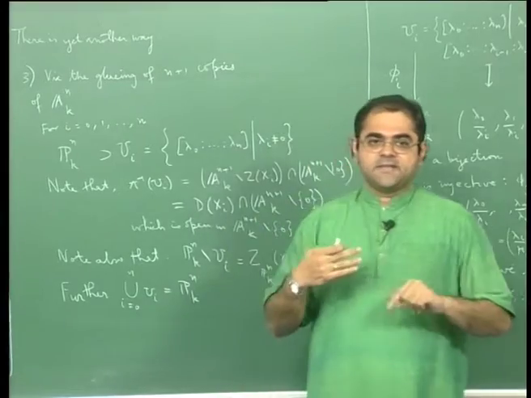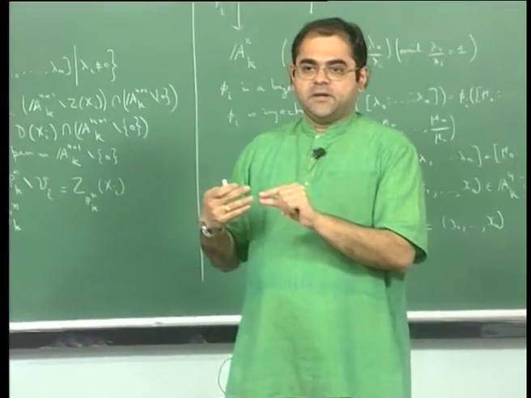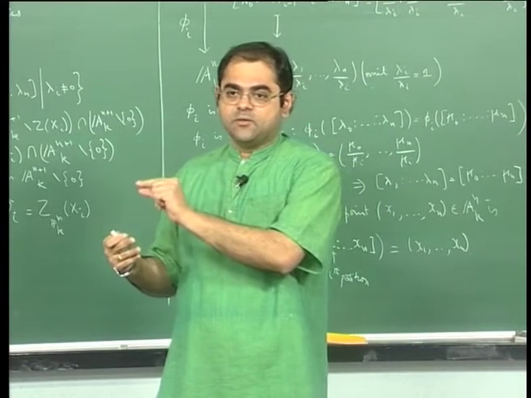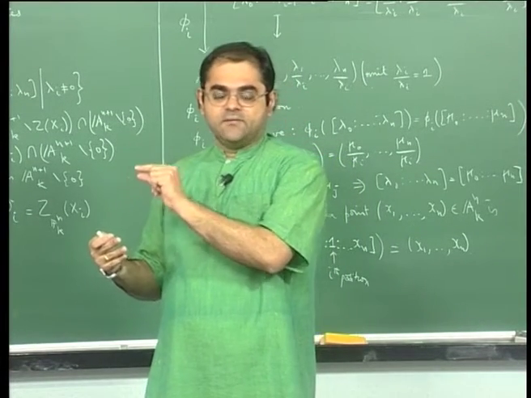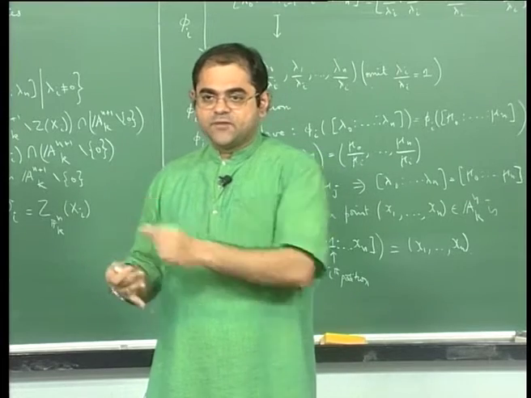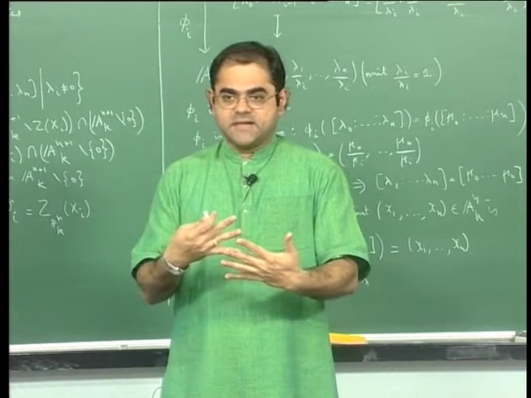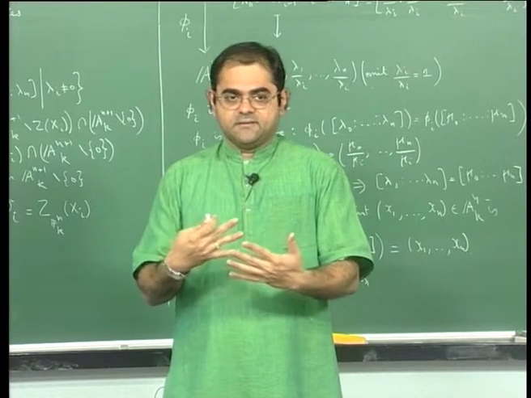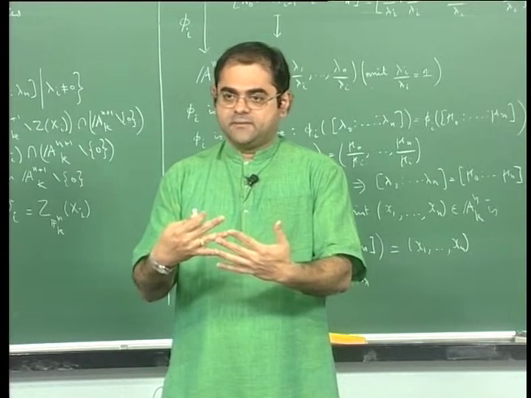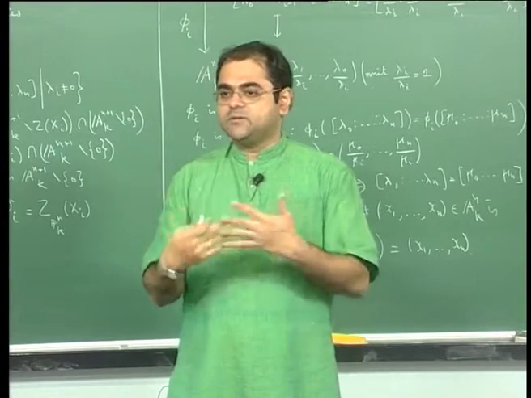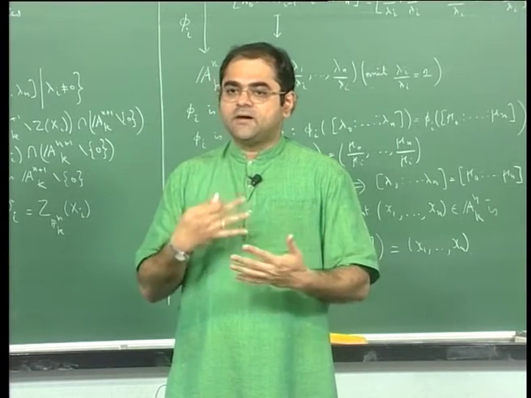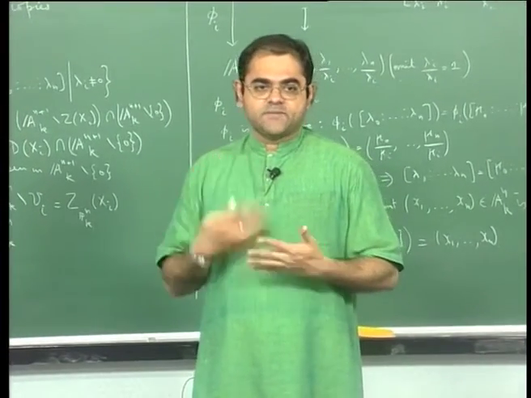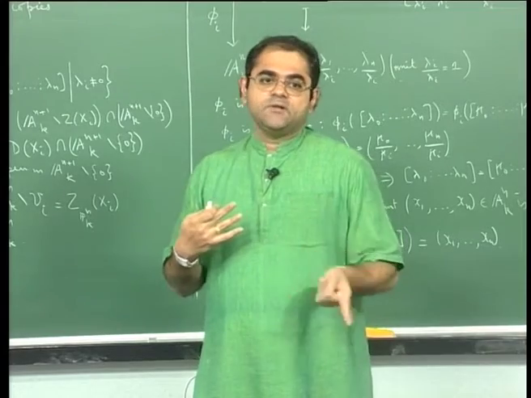A set in the intersection, considered as a subset of one, is open if and only if it is open when considered as a subset of the other. So if you have two subsets of a set and you give them topologies separately, when do you get a topology on the union? You will get a topology on the union only when on the intersection the topologies agree, that is, a subset of the intersection is open, respectively closed, in one if and only if it is in the other.